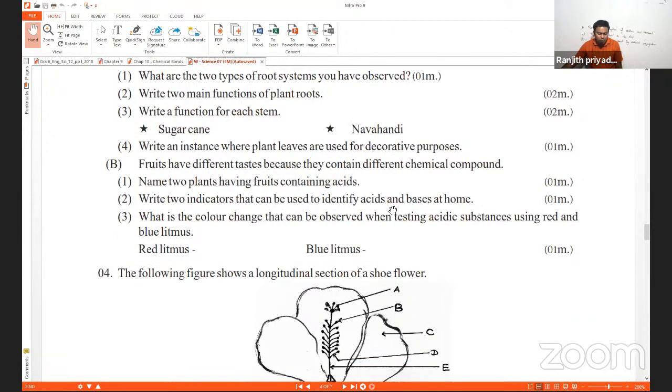So marks, 1 mark. Write two indicators that can be used to identify acids and bases at home. That means natural indicators you find.